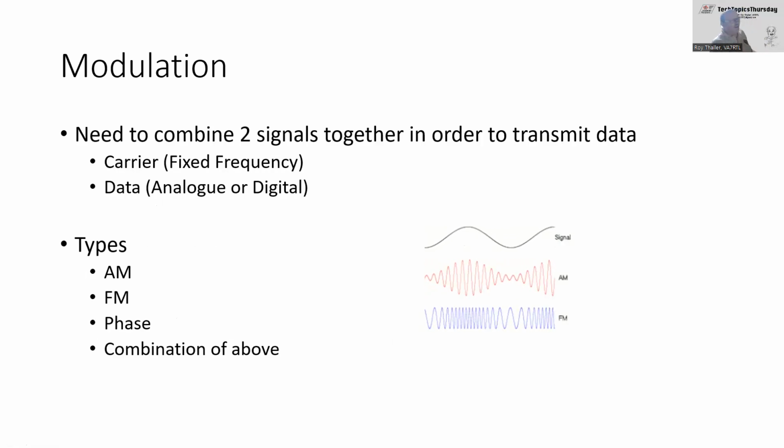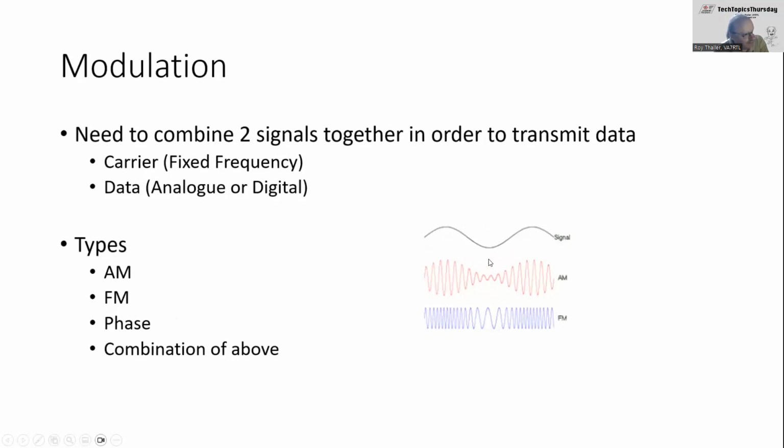So what you have to do is modulate the signal. Basically you have a carrier signal, which is your fixed frequency, and then you have the data that you're trying to send, and that can be analog or digital. For example, you have AM modulation, where this signal modulates the amplitude of this one, so that you get amplitude modulation.